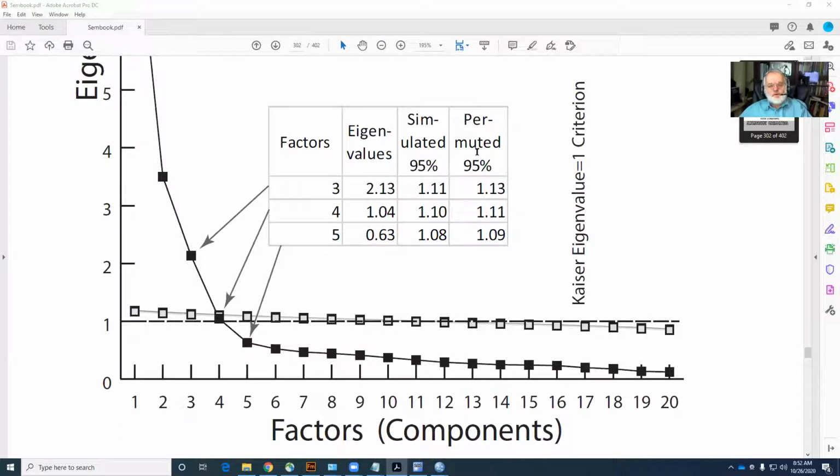Can you repeat that again? So I said the eigenvalue for the fifth factor was below 1. Yeah. And then the simulated and permuted ones are above 1. They're still above 1, right? Yes. So how do we decide whether we include the fifth factor in the analysis or not?